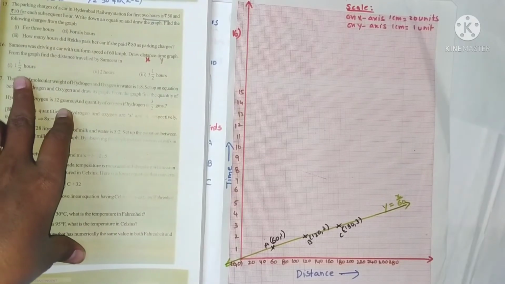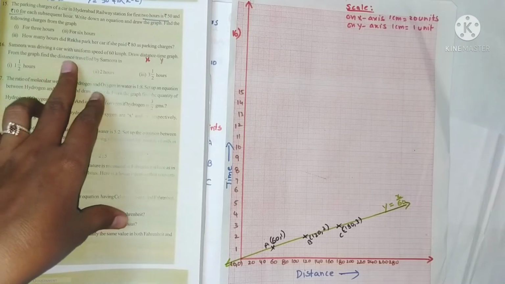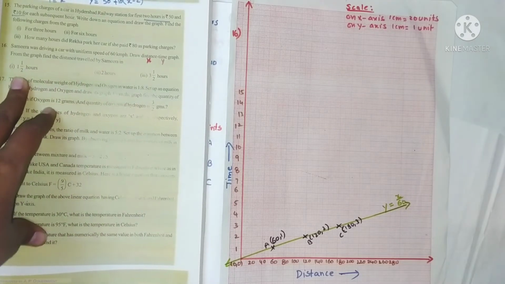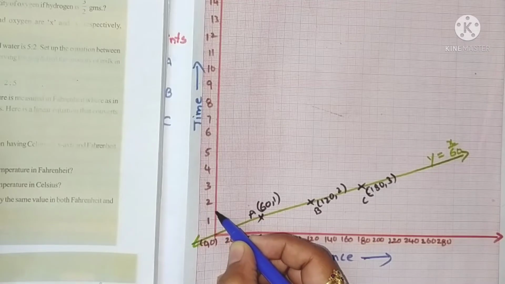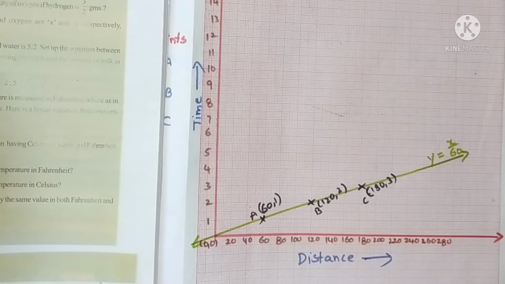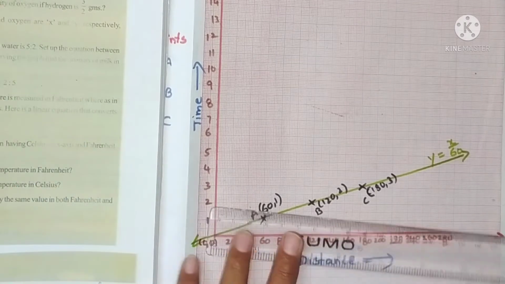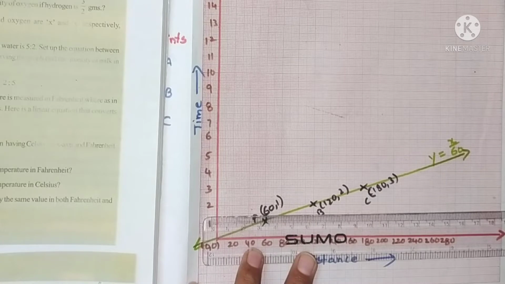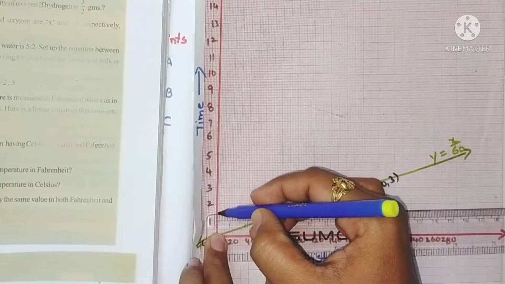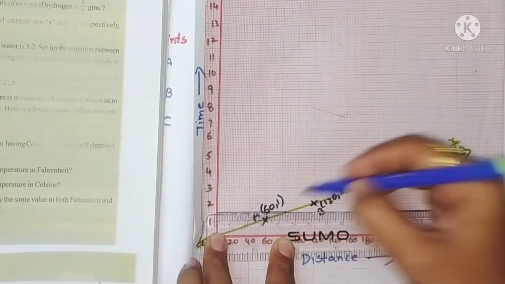Now first one, find the distance travelled by Samira in 1.5 hours. This is 1. Between 1 and 2, half an hour is there, the fifth line. So for 1.5 hours, what is the distance? With the scale, we have to draw a line. So draw a perpendicular line.